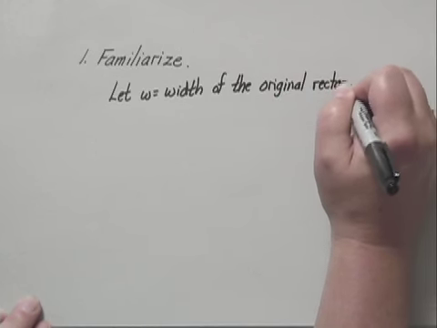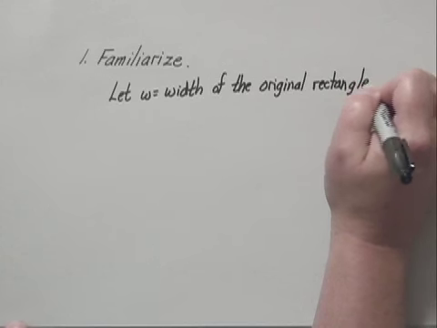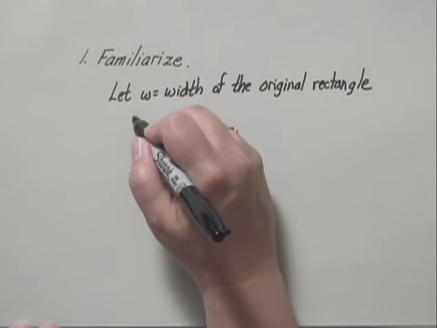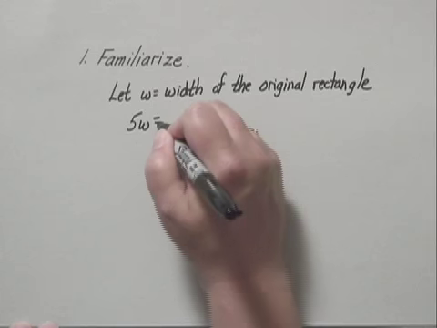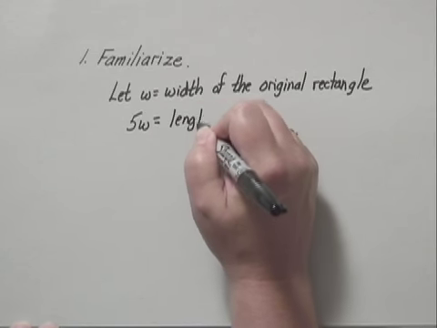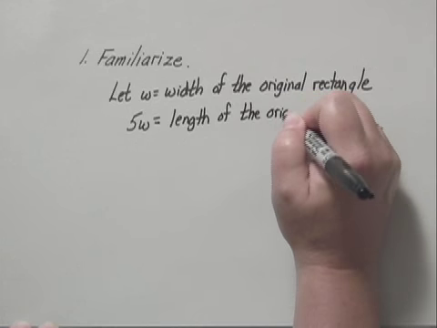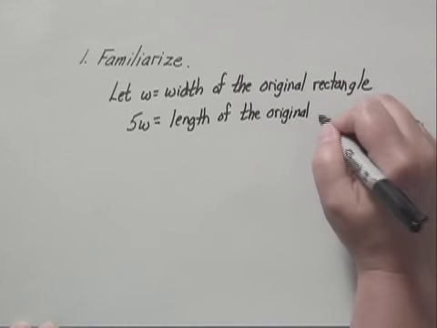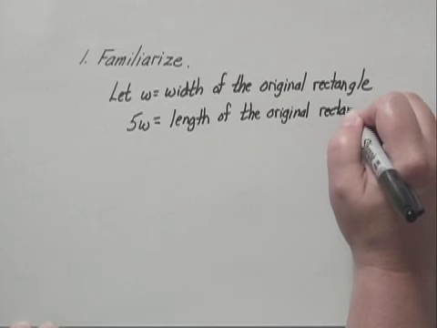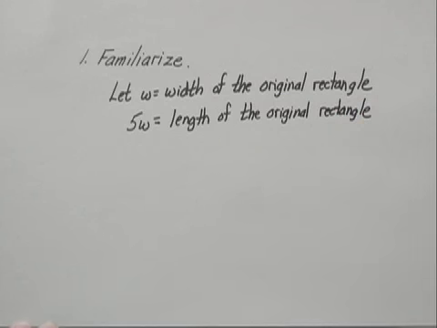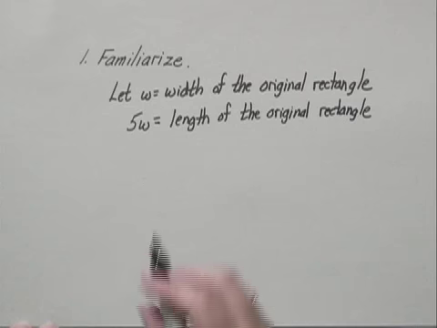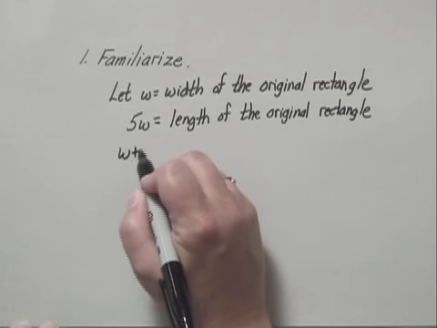And then we'll make all the other things that we look at in terms of W. So then 5W is the length of the original rectangle. And then the width of the new rectangle would be W plus 2.